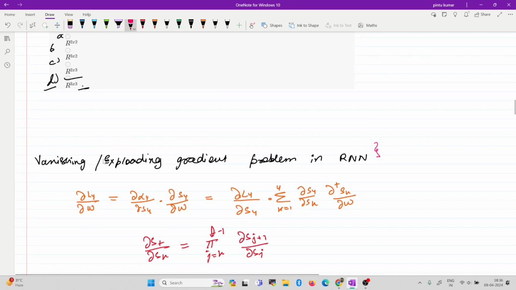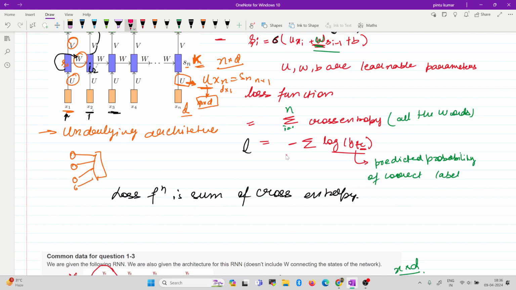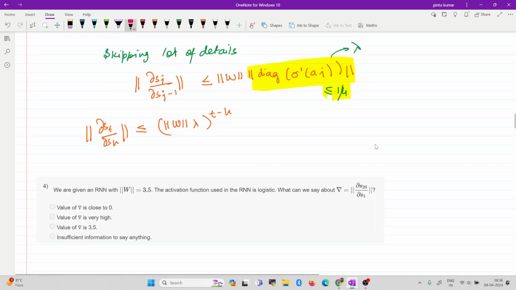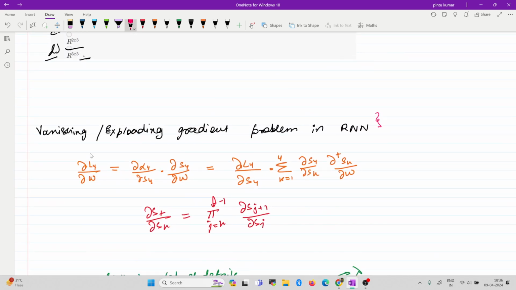How does the loss function of an RNN look? We have already covered that. This would be the sum of your log y_t^c. Now let's say for the fourth word your loss is L4 and you want to find its gradient.